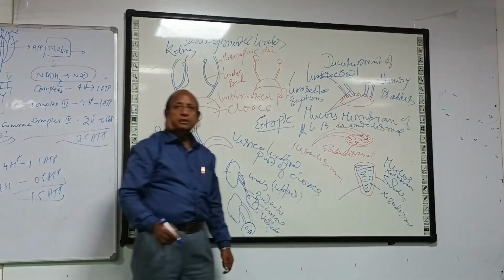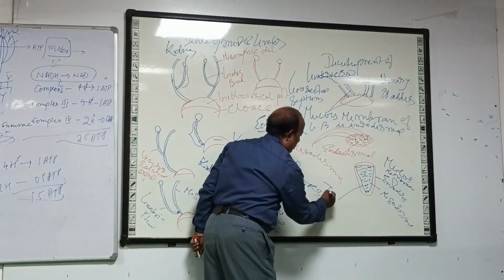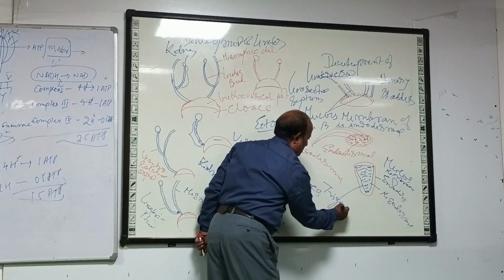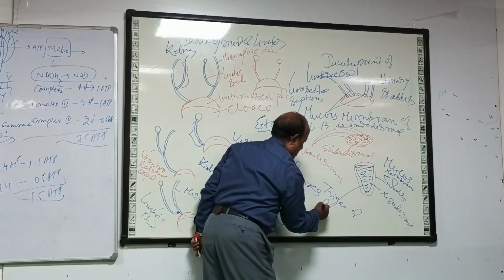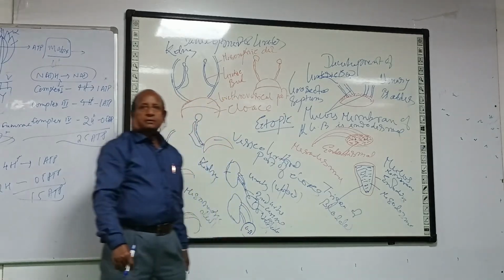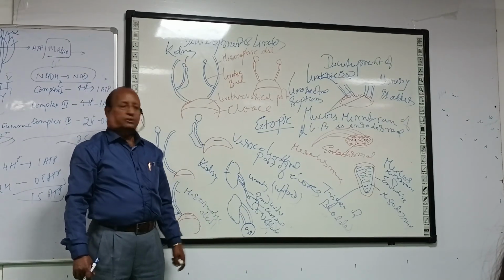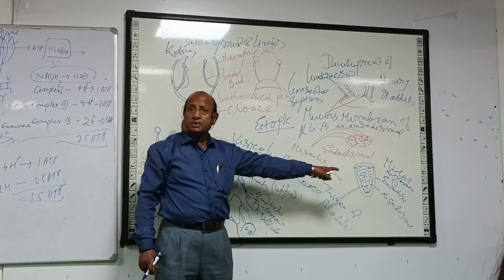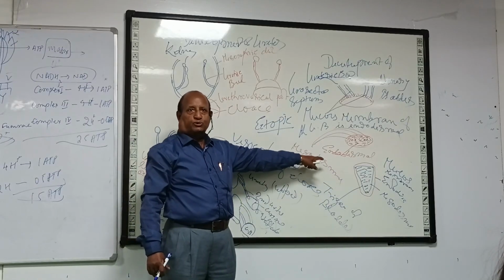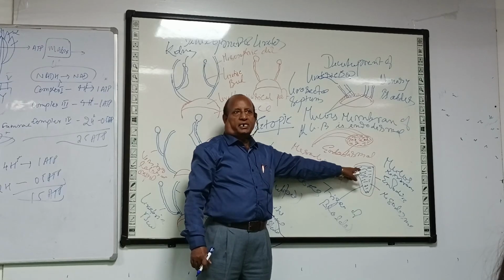This is the triangle of the bladder. So now I think it is clear to you how this triangle of the bladder is formed.